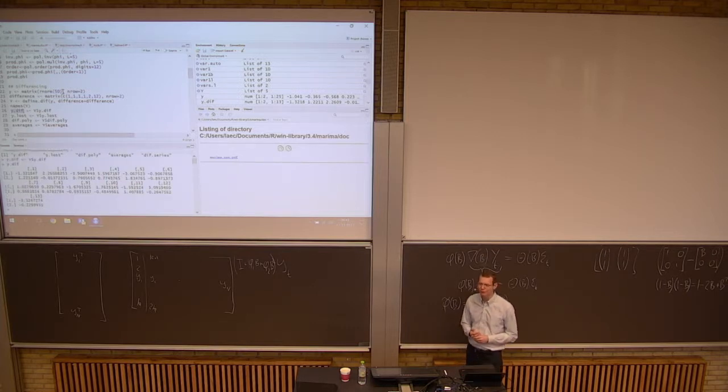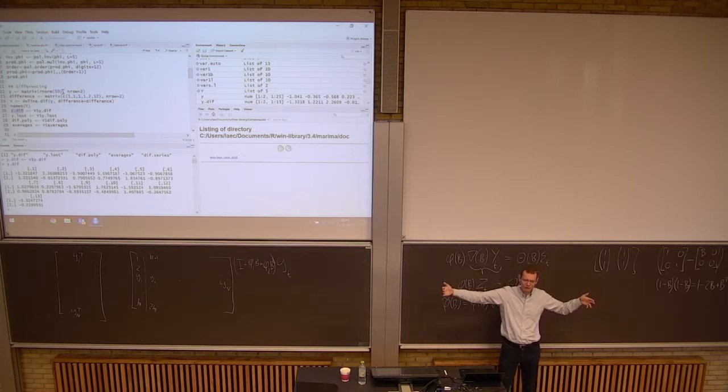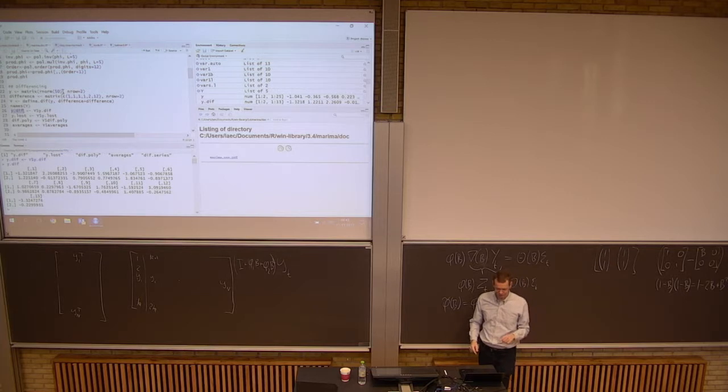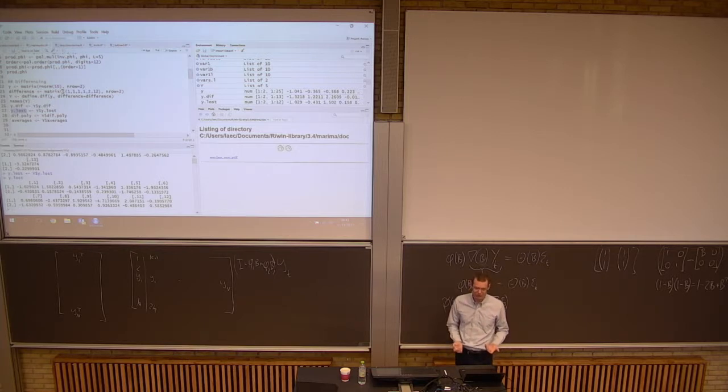Then I have 13 left, because I started out with 25 observations, but in order to do a 12 lag differencing, I need to use the first 12 to generate that, and then I can do it all the way through. That also means that the lost ones are the first 12 observations.